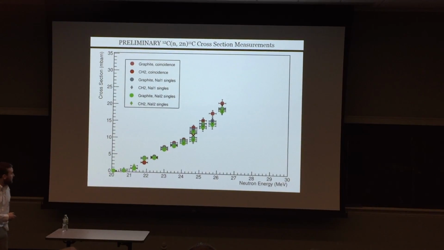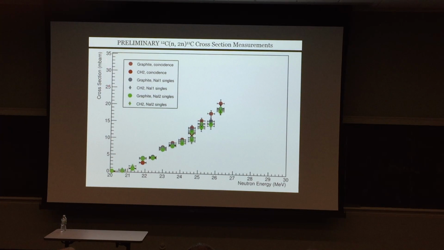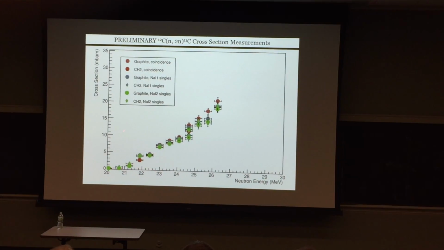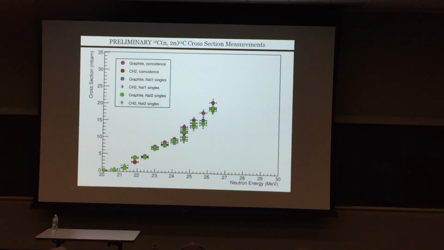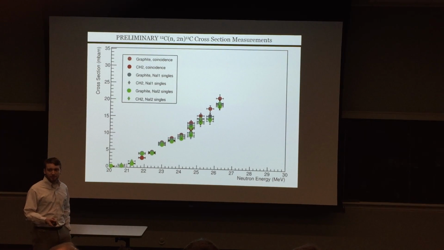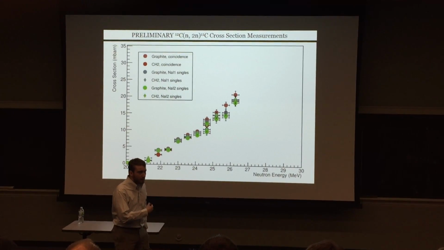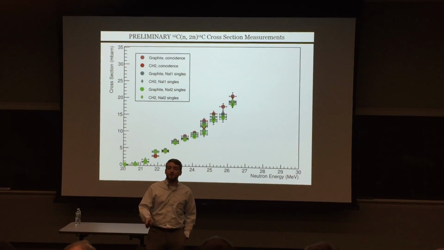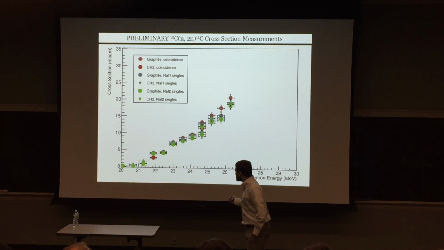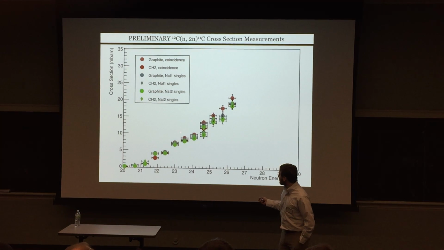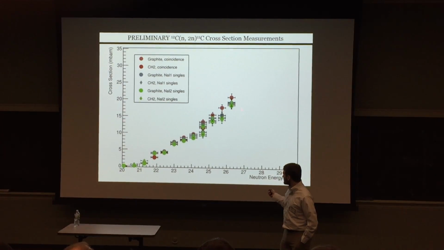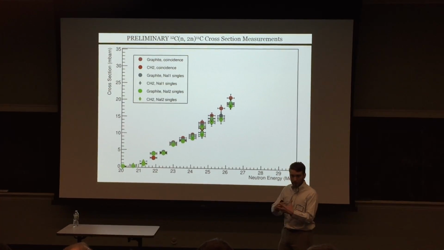Plotted here is the cross-section on the y-axis and the neutron energy on the x-axis. We have points for coincidence efficiency, where both detectors go off at the same time. We also have points for singles efficiency, where we only require that one detector go off at a time. That is sort of a check for the validation of our method. What we did was, at least to some degree, accurate internally.